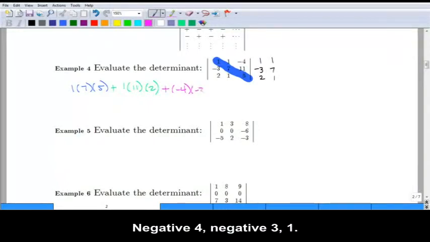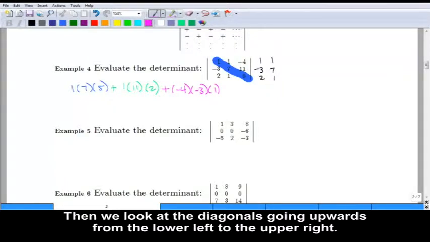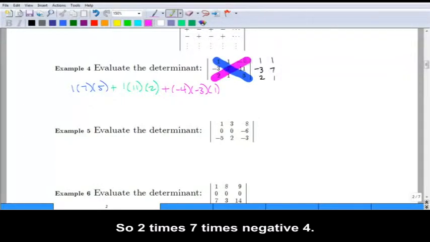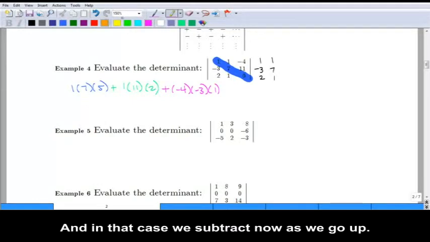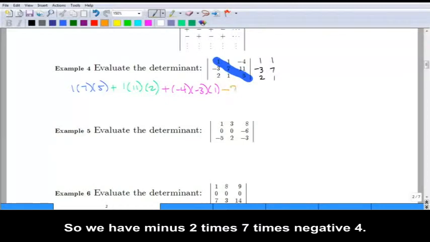-4, -3, 1. Then we look at the diagonals going upwards from the lower left to the upper right. So 2 times 7 times -4. And in that case, we subtract now as we go up. So we have -2 times 7 times -4.